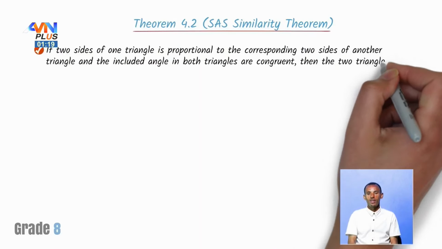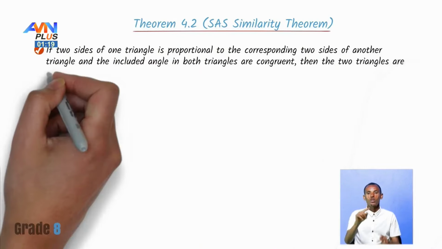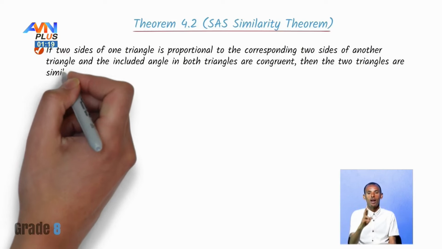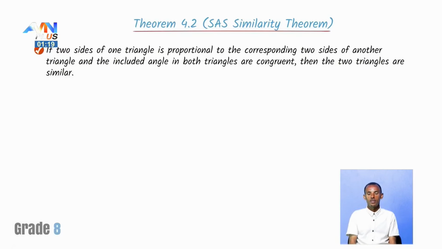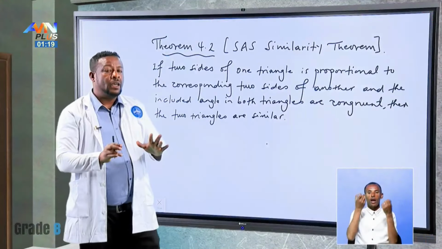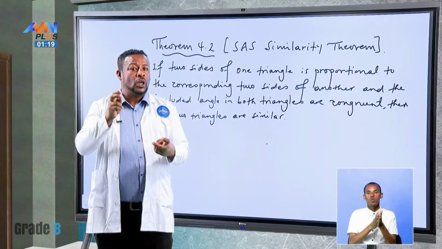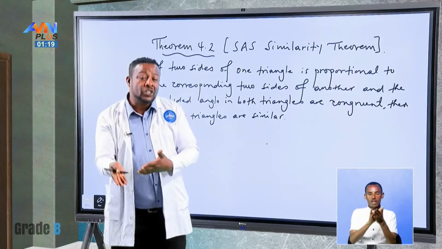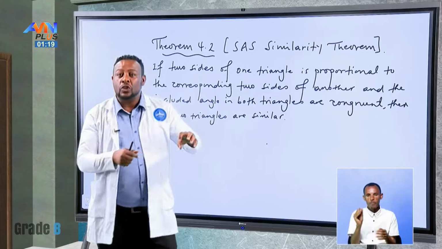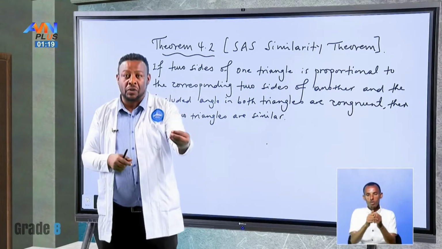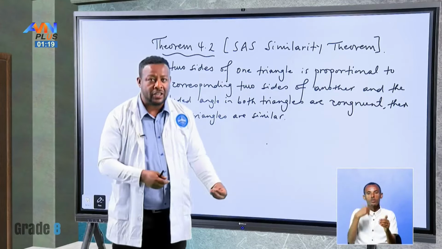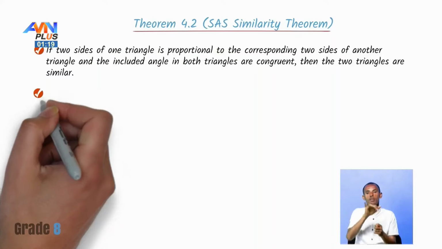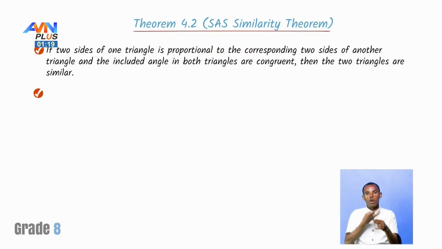Okay, here in this theorem, we understand that we need to have two corresponding sides that are proportional, and the included angle in both triangles are congruent, right? To say the two triangles are similar. So shortly we can write like this.